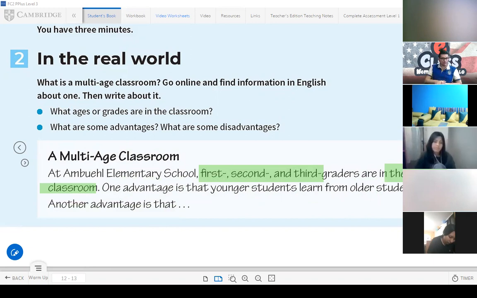¿Ya? Did you find? ¿Encontraron? A ver, who find information? ¿Quién me puede decir one advantage? Nobody? What do you think? Torres, Garay, Dolores, Santiago, Ventura. What do you think about the advantages and the disadvantages?